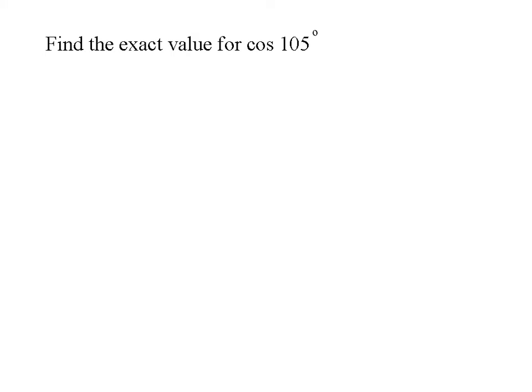Next, find the exact value for cosine of 105. So 105 degrees is 60 plus 45 again. So we will do cosine of 60 degrees plus 45 degrees. And since addition is commutative, you could do 45 plus 60 degrees. You would still get the same answer.